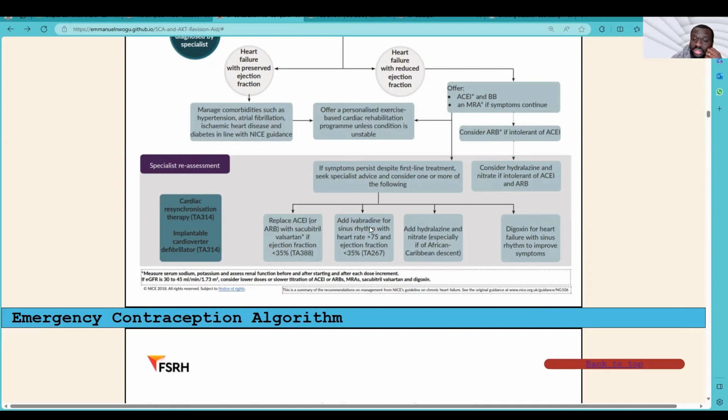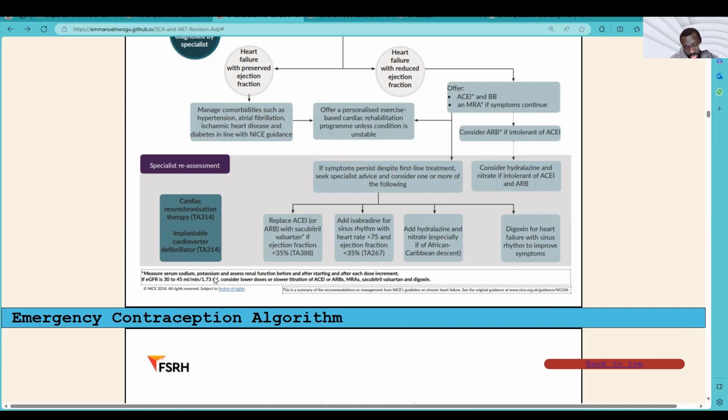Add ivabradine for sinus rhythm with heart rates more than 75 and reduced ejection fraction. Add hydralazine and nitrate, especially if of African Caribbean descent. Digoxin for heart failure with sinus rhythm to improve symptoms. Also cardiac resynchronization therapy and implantable cardioverter defibrillator.